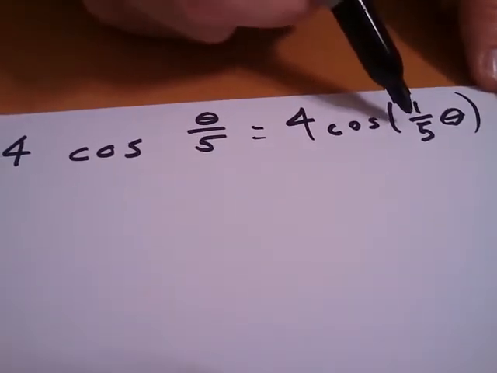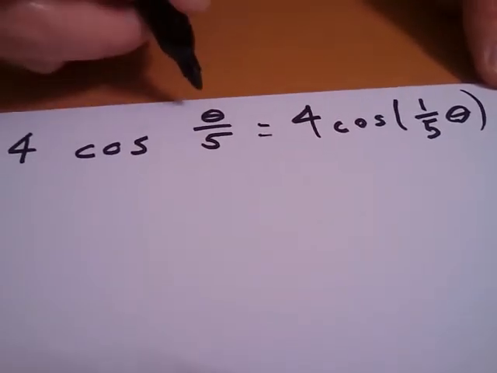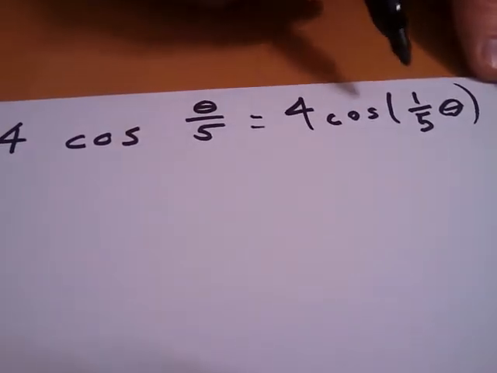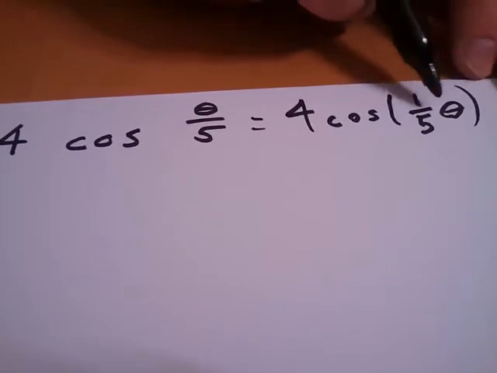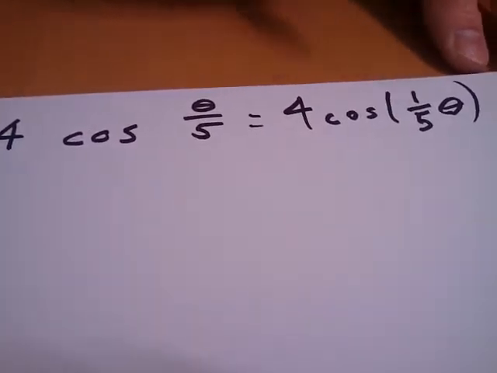This 1 over 5 is our omega. It is not 5. If you see theta divided by a number, then you must take that number as a fraction times theta. You cannot just say 5. This is a pretty common mistake. Please be aware of this.